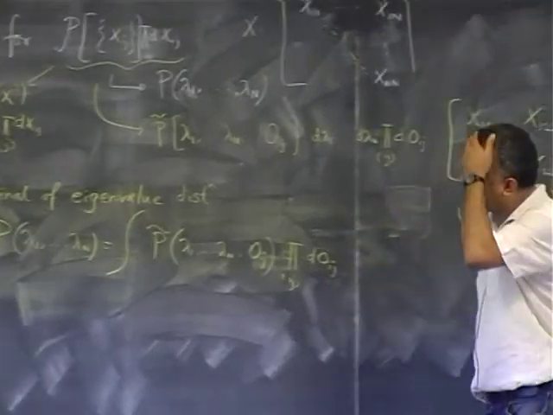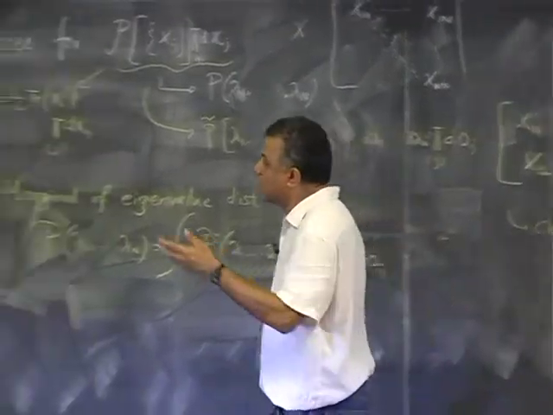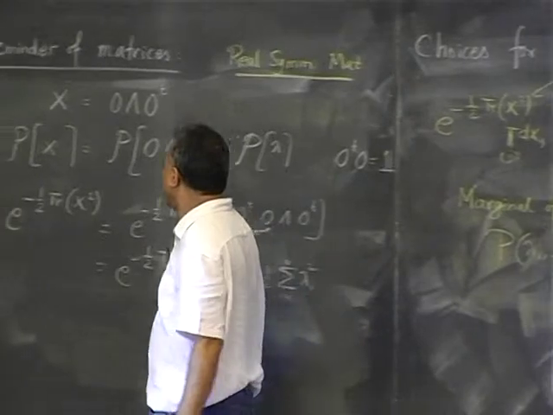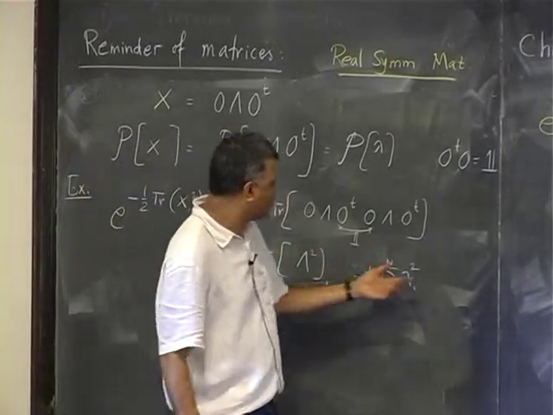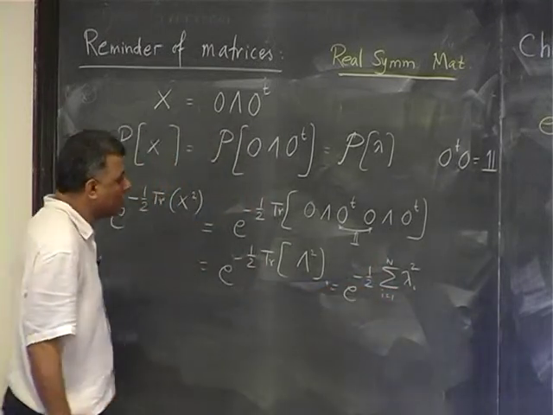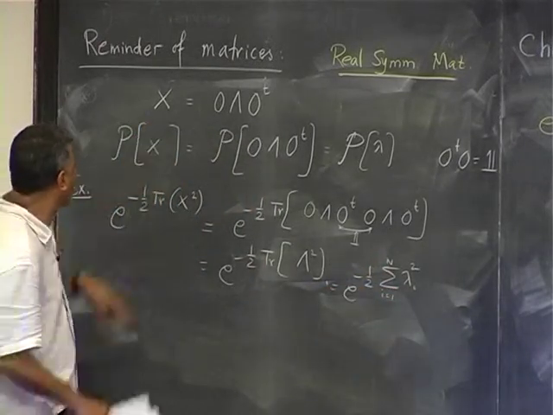It does not depend on the eigenvectors, as it should not, because it's a similarity transformation. Under similarity transformation, only eigenvalues remain invariant, and only eigenvectors change. So this is the advantage for any rotationally invariant ensemble.